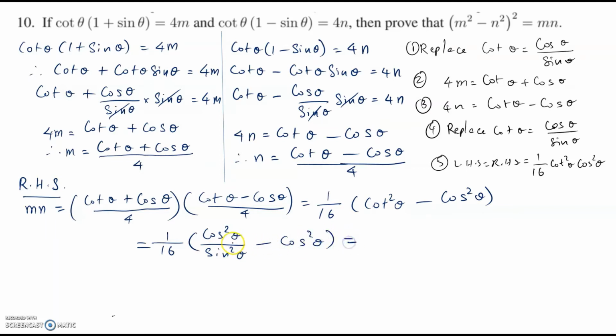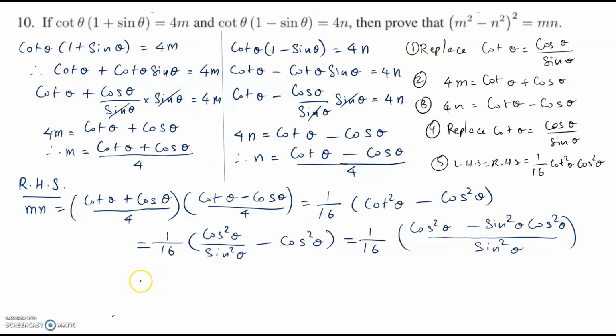That will be further equal to, taking sine squared theta as the denominator, cos squared theta minus sin squared theta cos squared theta divided by sin squared theta. Now, cos squared theta is common to both, so we can take it out.